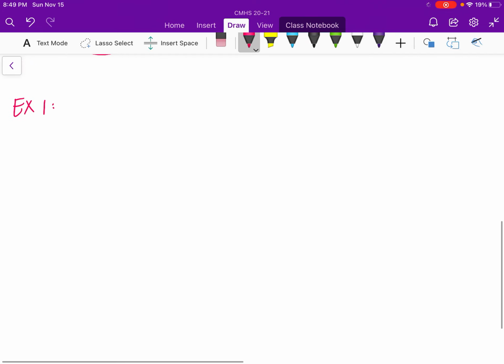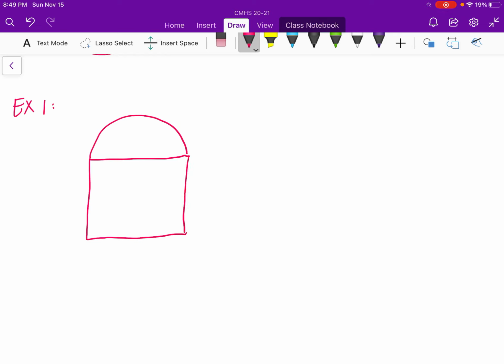Example 1. Here we have a shape. Kind of have a circle on top, half of a circle, and then a square underneath. Alrighty. And all the sides of the square are the same.